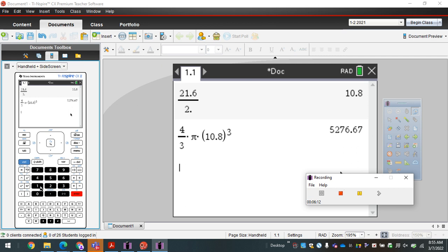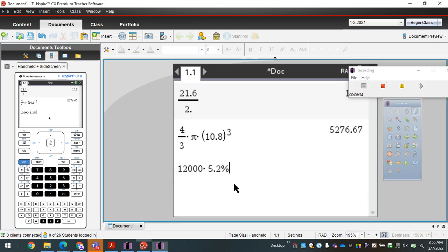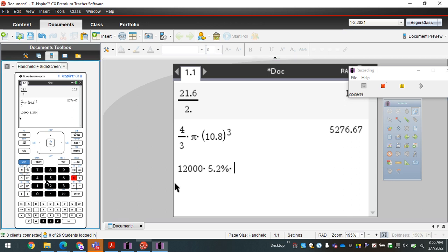Okay, so each one, 12,000 times 5.2%, times 4.